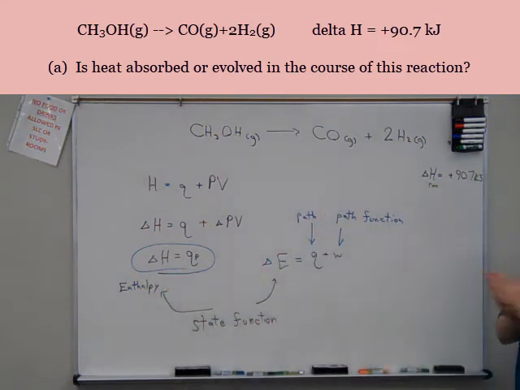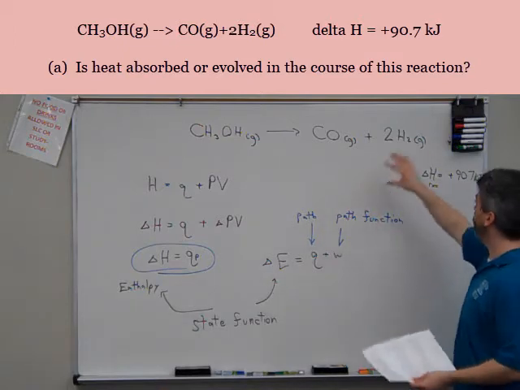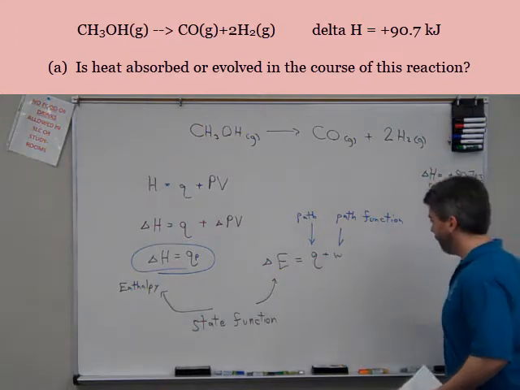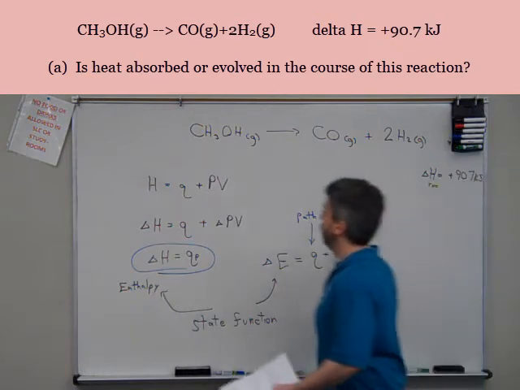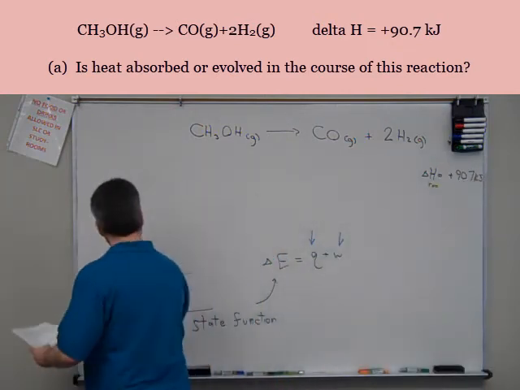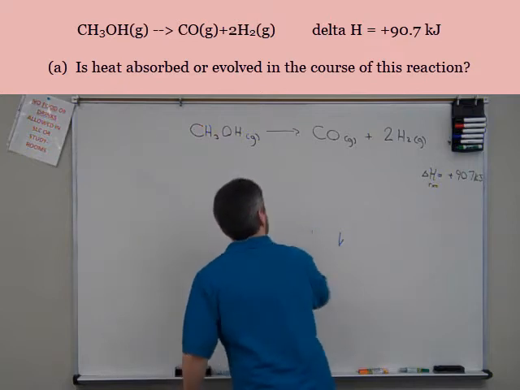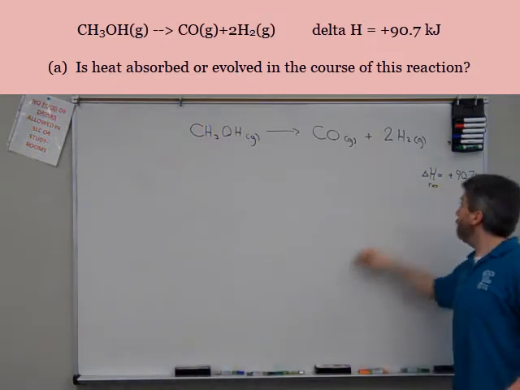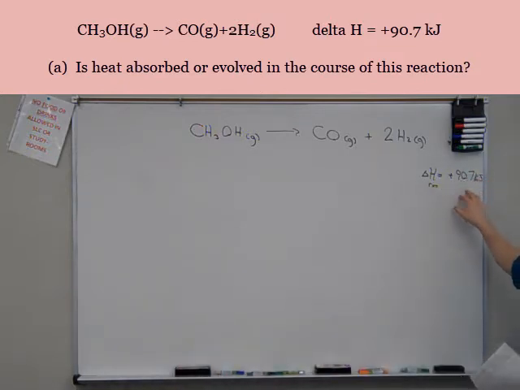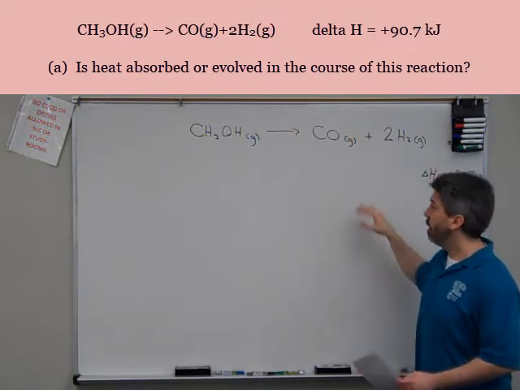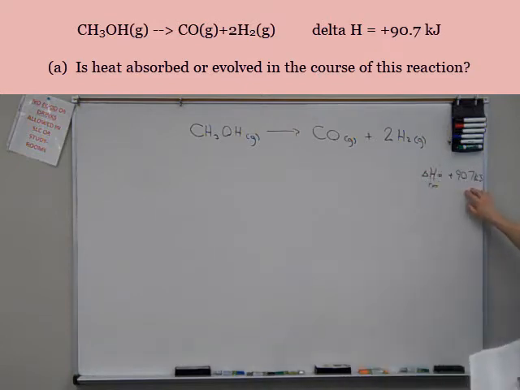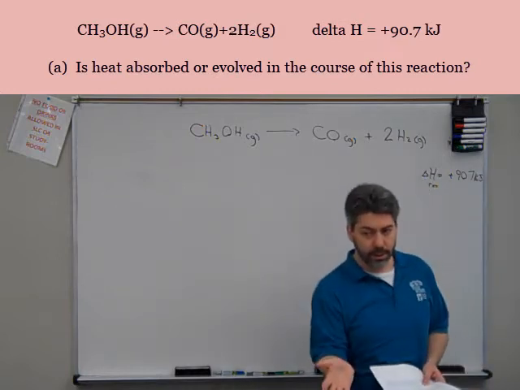Alright, so let's take a look at number 3. We have the reaction equation, we have the delta H, and we need to recognize that this delta H refers to the molar amounts of each of these. So when I say the delta H of this reaction is 90.7 kilojoules, I mean that, since it's positive, is it absorbed or released?